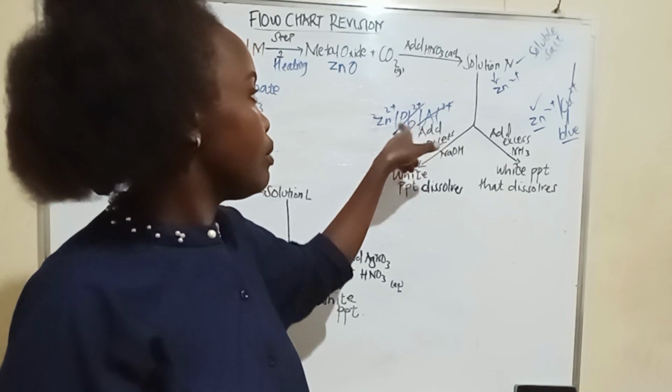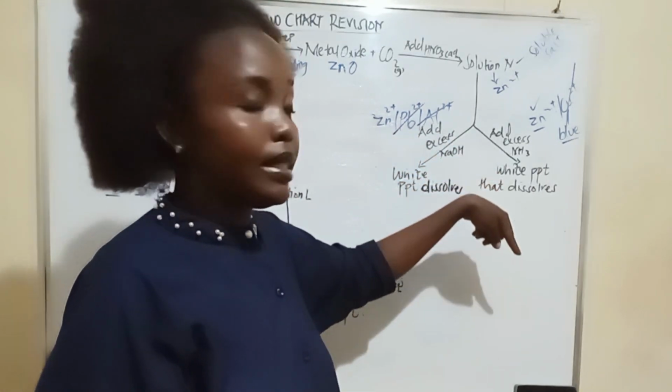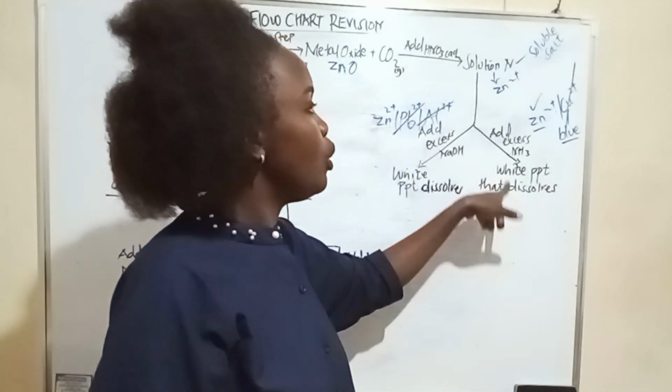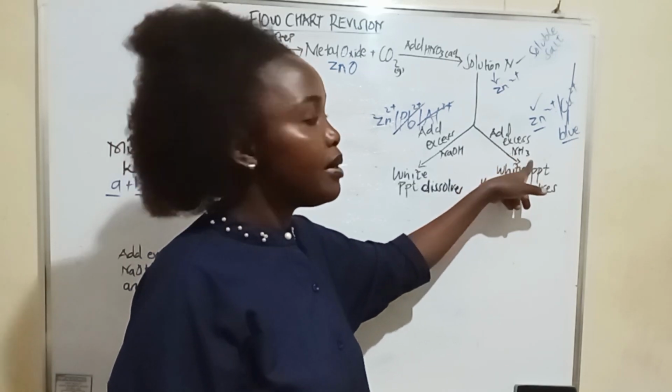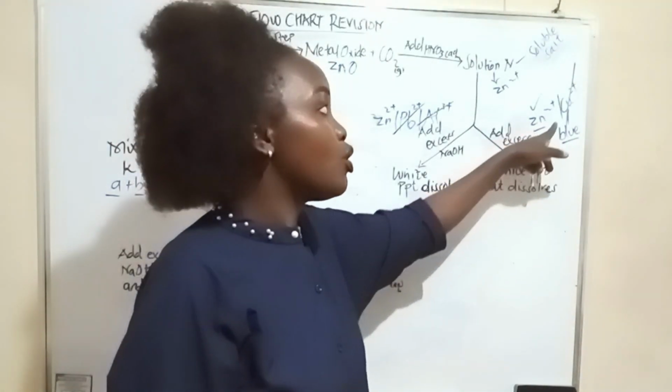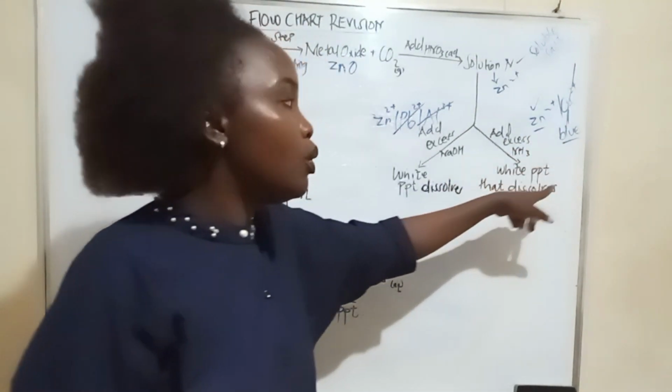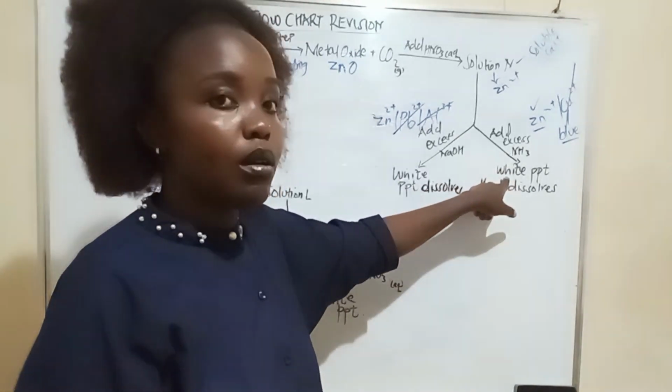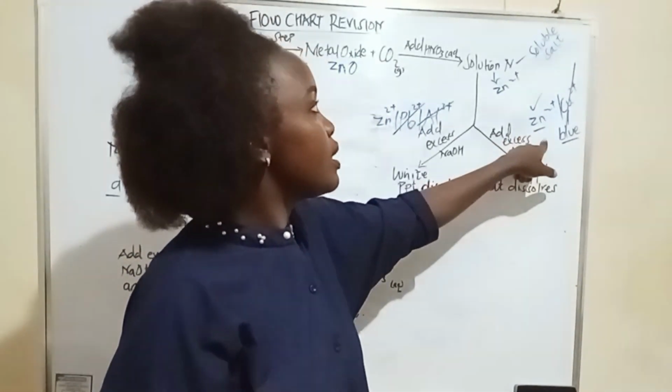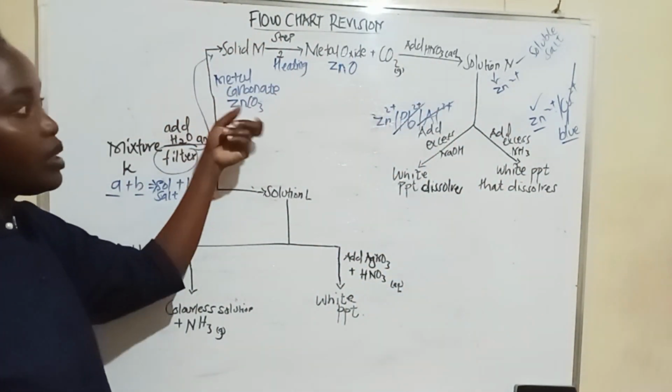But now we are sticking with zinc because only zinc ions and copper ions are going to dissolve in excess ammonium solution, but copper ions are blue, and our precipitate here is white. So we only remain with what? Zinc. So that is how we've come to get this.